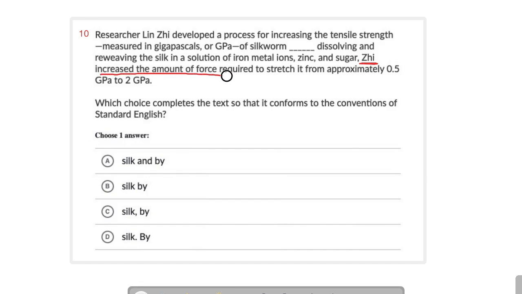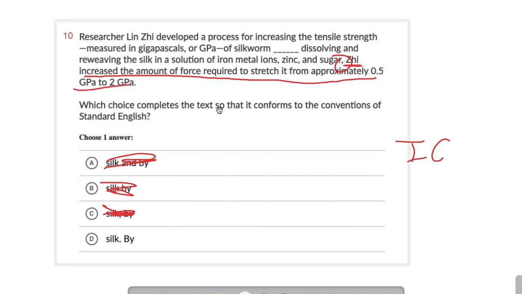Z increased the amount. Okay, so that's an independent clause, meaning we can't just join it to what comes before with a comma. We would have a run-on sentence if we did that. We need some kind of full stop, whether that's a period or a semicolon. Here it'll be a period, in order to avoid a run-on sentence.